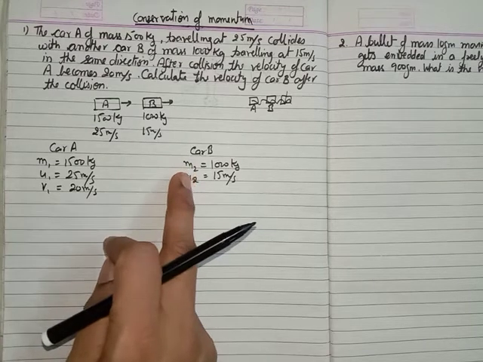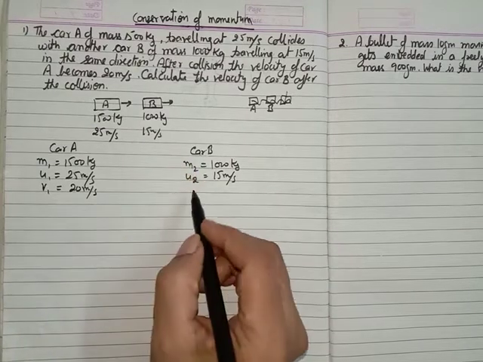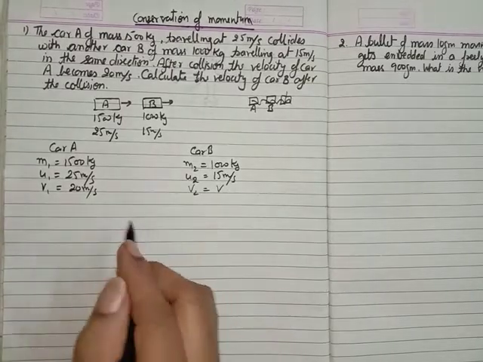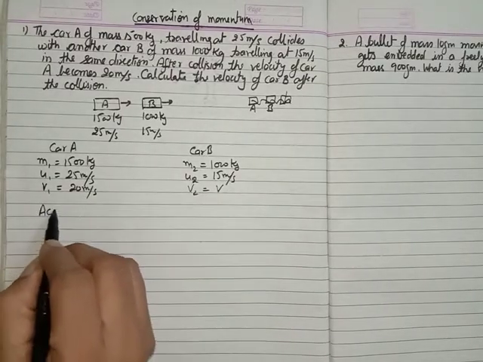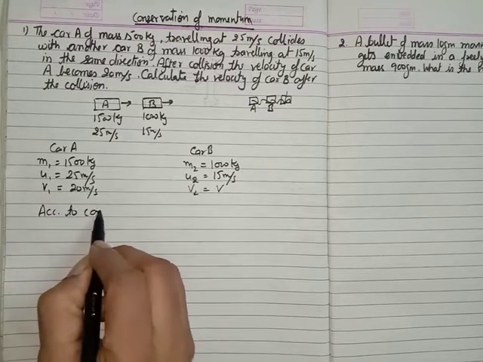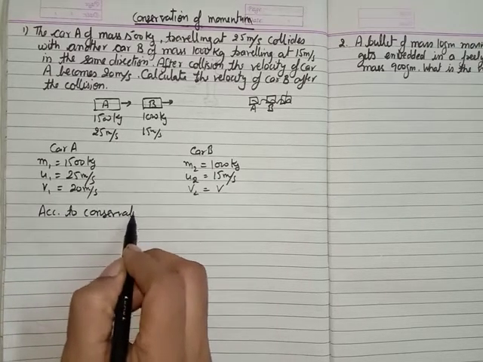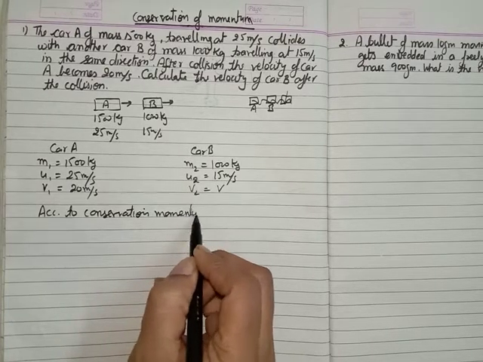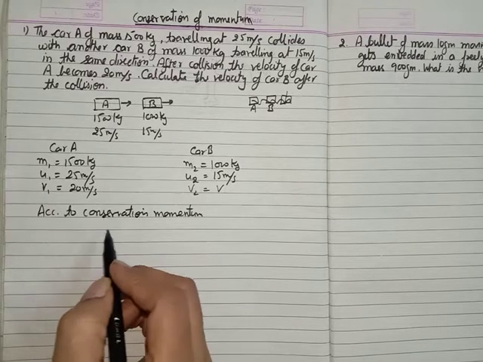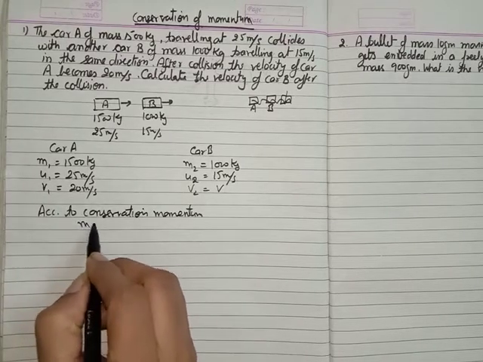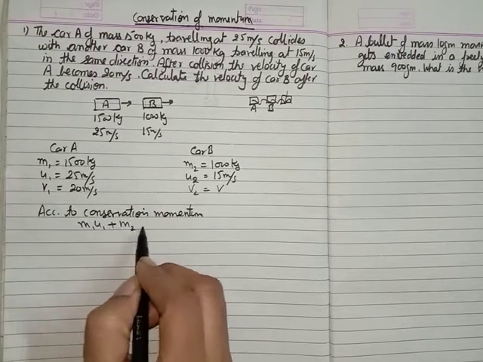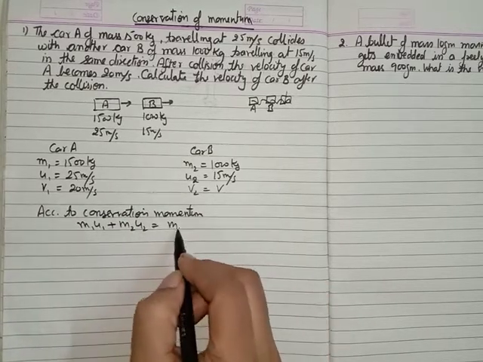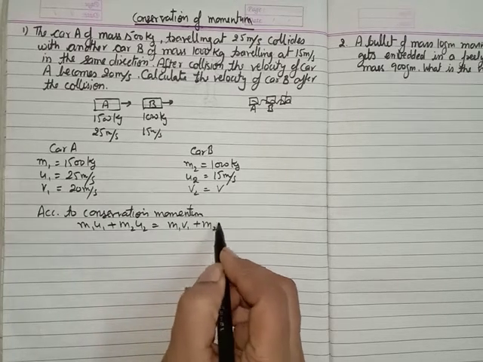According to the conservation of momentum, we have to find the velocity of car B. Now you will write here: according to conservation of momentum, the momentum before the collision of both objects, m1 u1 plus m2 u2, is equal to the momentum after the collision, m1 v1 plus m2 v2.